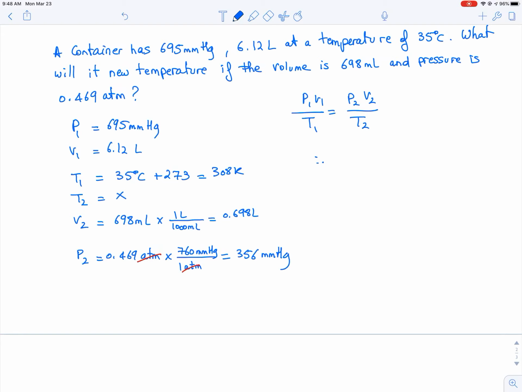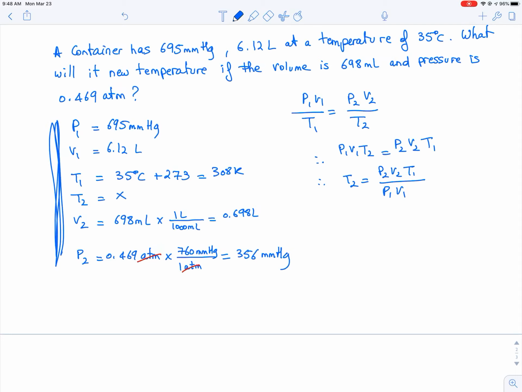Therefore, again, same idea, I'm going to just do the cross multiplication. So P1 V1 T2 is equal to P2 V2 T1. And therefore, T2 is going to be equal to, now you know you need to divide both sides by P1 V1, right? So it's going to be P2 V2 T1 over P1 V1.